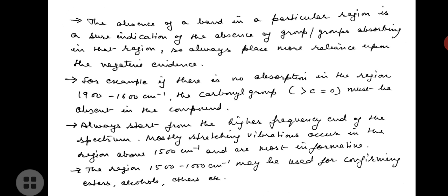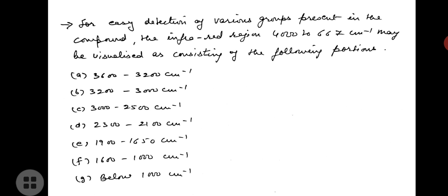The region 1500 to 1000 cm⁻¹ may be used for confirming esters, alcohols, ethers, etc. For easy detection of various groups present in the compound, the infrared region 4000 to 667 cm⁻¹ may be visualized as consisting of the following portions. So we'll have a brief discussion of these portions one by one.